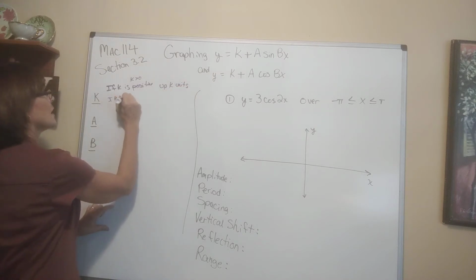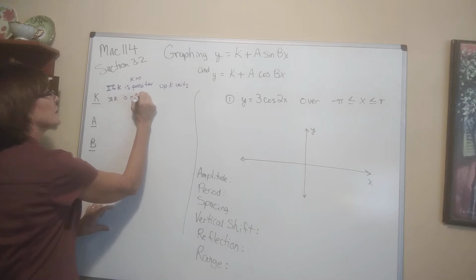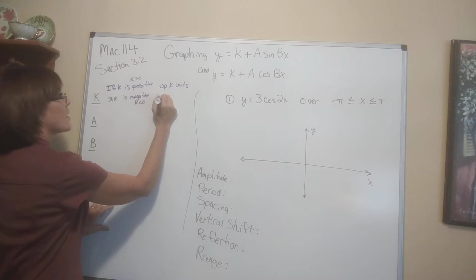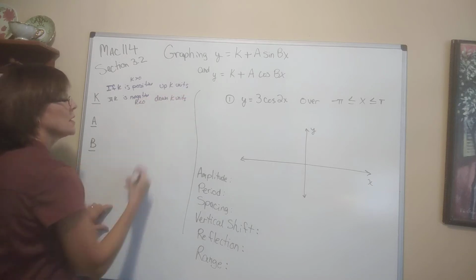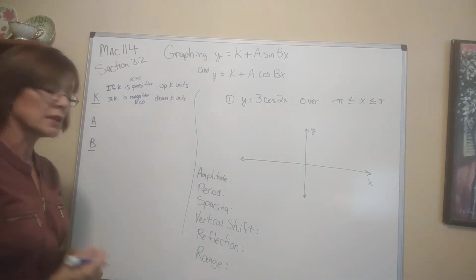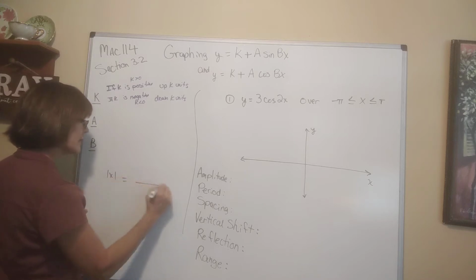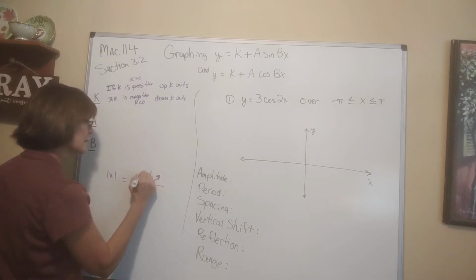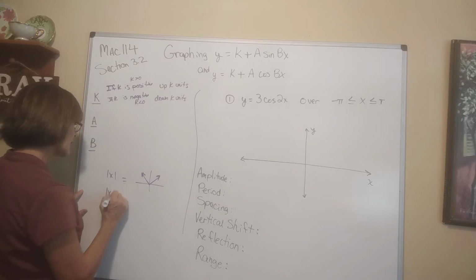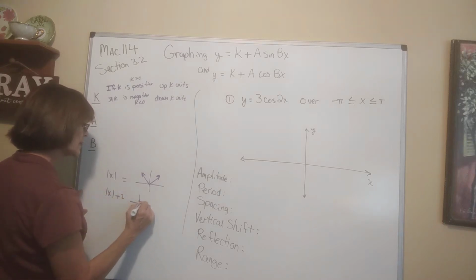If k is negative, it goes down k units. Okay, so let me just remind you from college algebra what that looked like. If you had a graph, say, the absolute value of x, we know that this graph looks like this. But if you had the absolute value of x plus 2, we know that would just take this guy and shift him up 2 units.